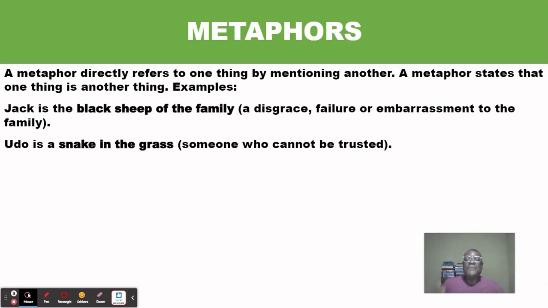If you say Udo is a snake in the grass, you think of the type of animal a snake is. A snake is a dangerous animal, isn't it? And then in the grass means that the snake can be hiding in the grass, and if you don't know that the snake is there and you get there, then you might be attacked. So it means that the person is not trustworthy.